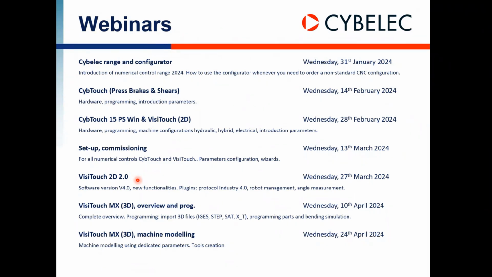So we will speak about the functionalities that we currently have and the functionalities in the near future, and also the new plugins and new options that we have, for example, Industry 4.0, robot management, angle measurement, barcode reader, and so on. So different options that might interest you. We will check this end of March.